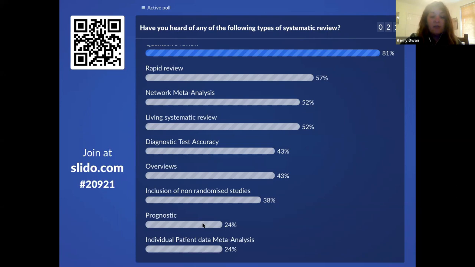It's just the methods need to be more detailed to include how the review authors will deal with individual patient data, how they will approach the individual trial authors, how they will store the data, how they will clean the data from the individual trials, and then how that will be combined in a meta-analysis as well, because there's different methods to be able to do that.